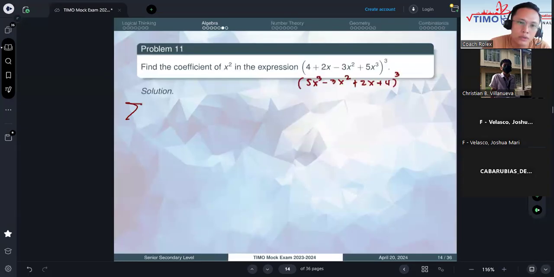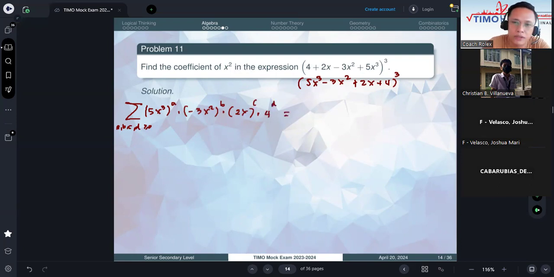This is simply equal to the summation of, we'll start with 5x cubed to the a, where a, b, c, d are greater than or equal to 0, times negative 3x squared to the b, times 2x to the c, times 4 to the d.